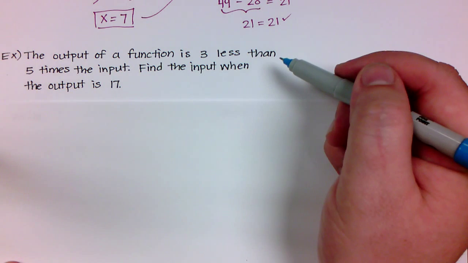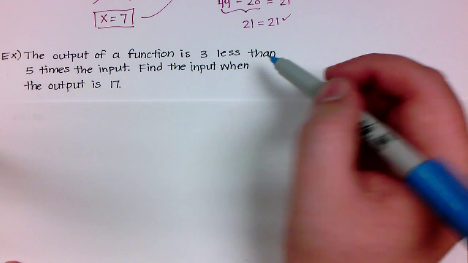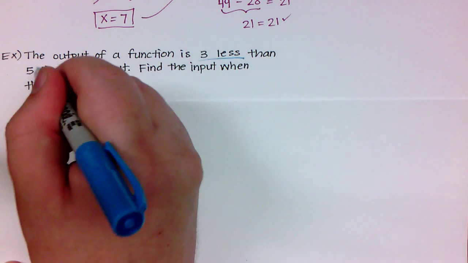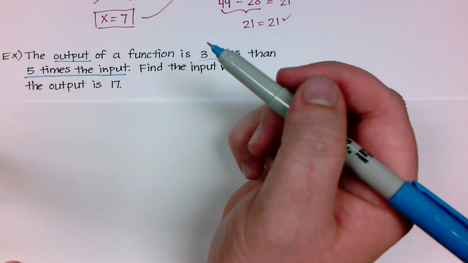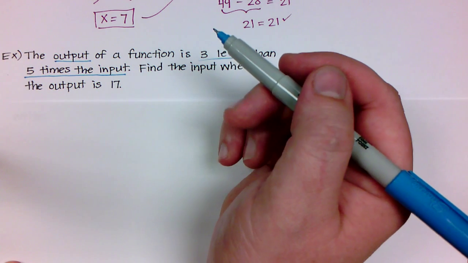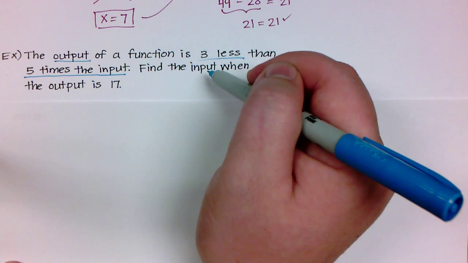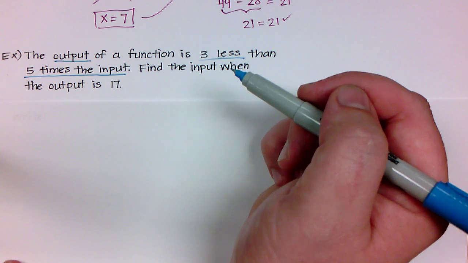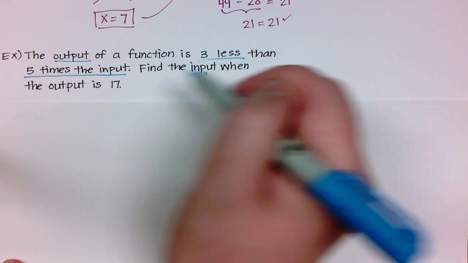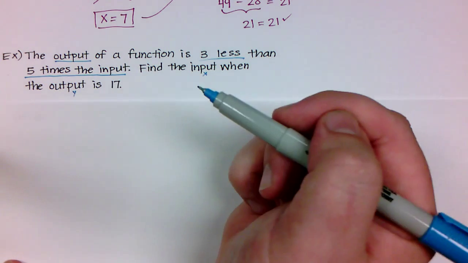It says the output of a function is 3 less than 5 times the input. Do you remember what output and input are? Find the input when the output is 17. So the input again is my x, the output is my y.